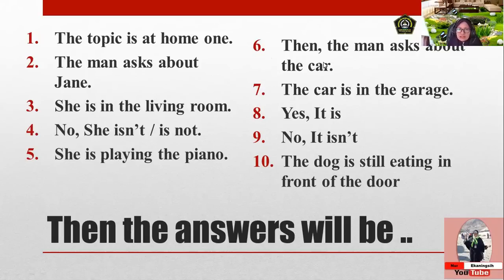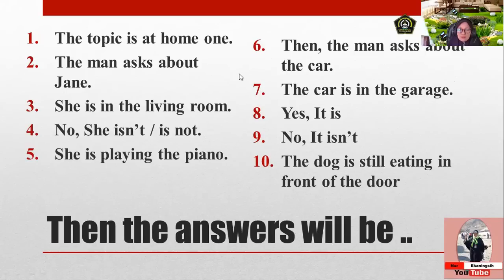And then number 6, the answer is the man asked about the car. After the man asked about Jane, then on the next question, the man asked about the car. And then number 7, the car is in the garage.